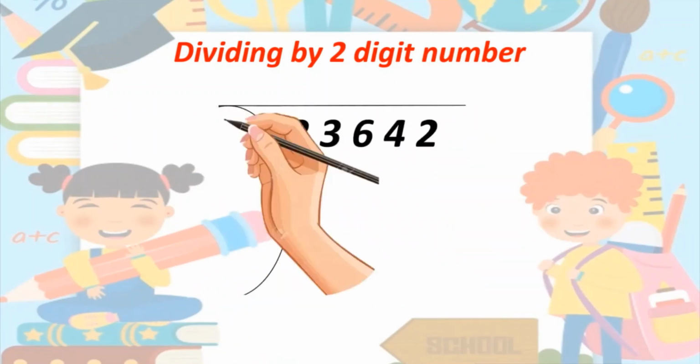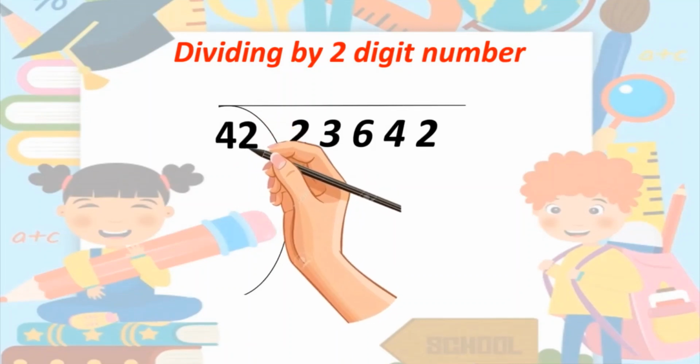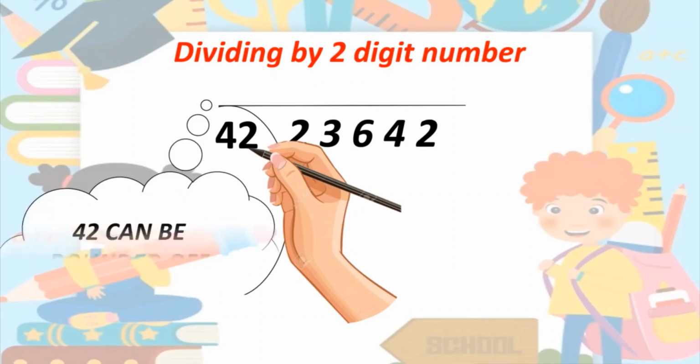23,642 divided by 42. The divisor here is 42. But here, see the first two digits of the dividend, it is less than 42. So we consider 3 digits of the dividend. So that is 236. Now again we do not know the table of 42. So let us estimate.